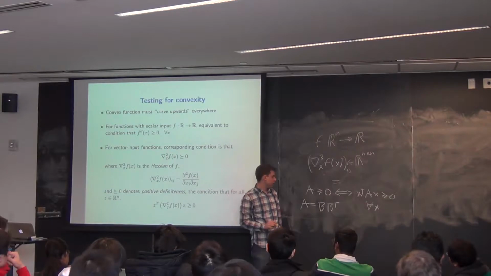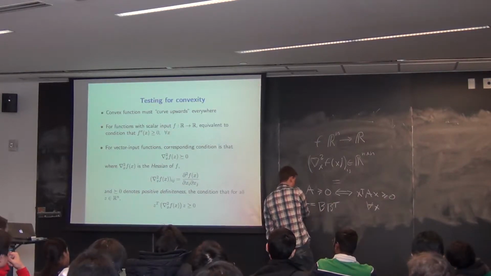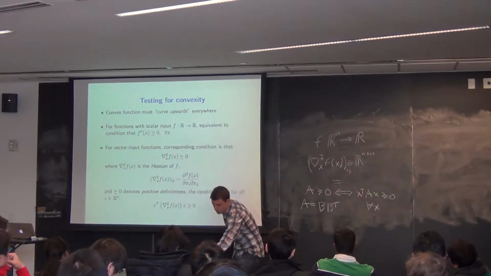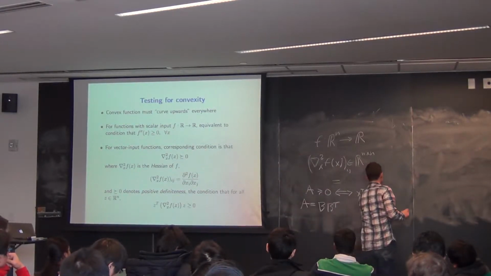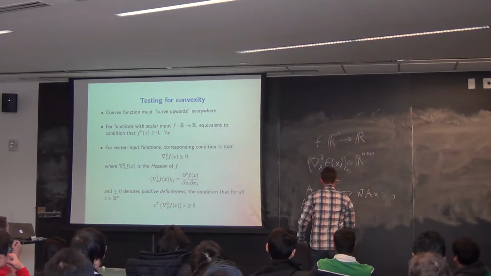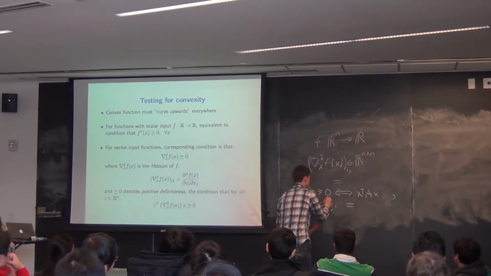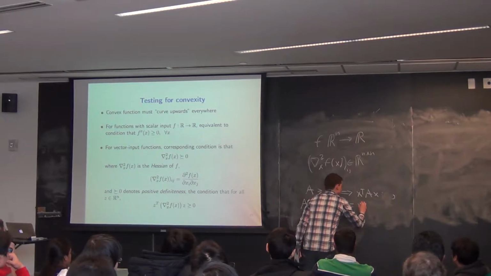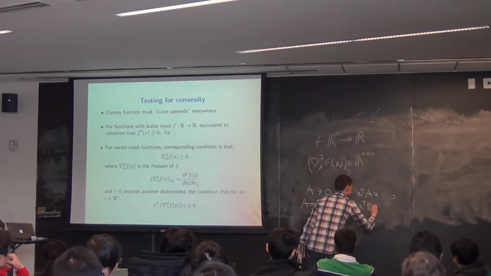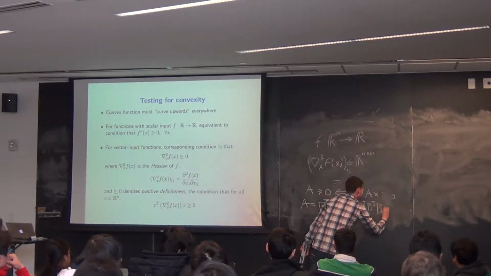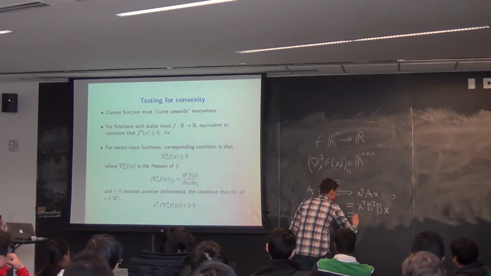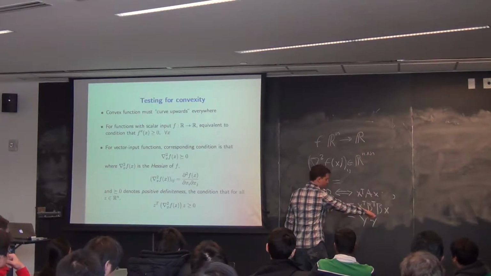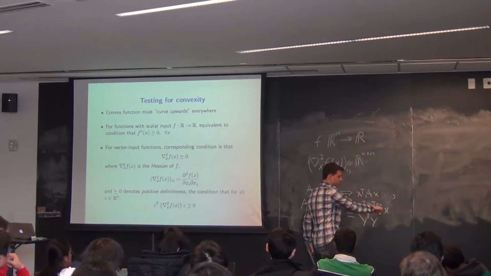The reason is pretty simple. If A is equal to this, then x transpose Ax would be equal to x transpose B transpose B x, which would be equal to Y transpose Y for some other vector Y, namely B times x.